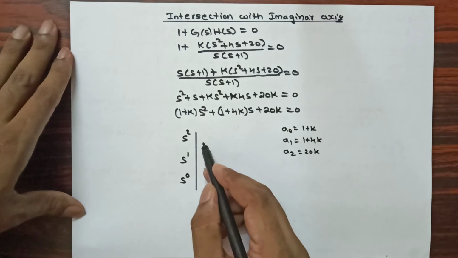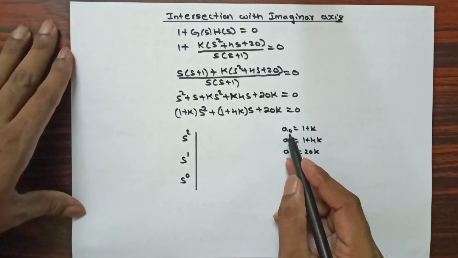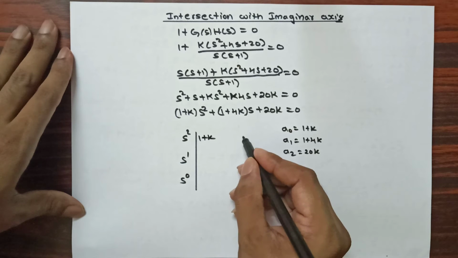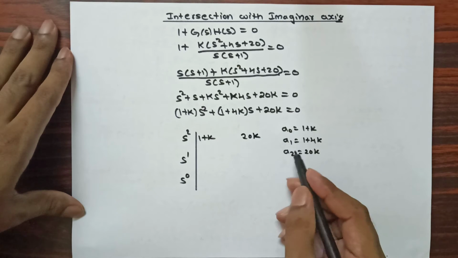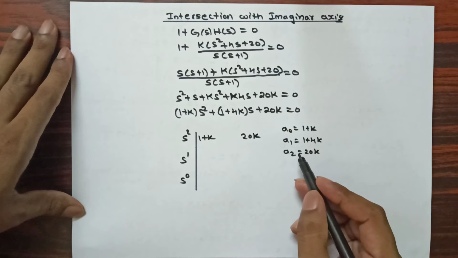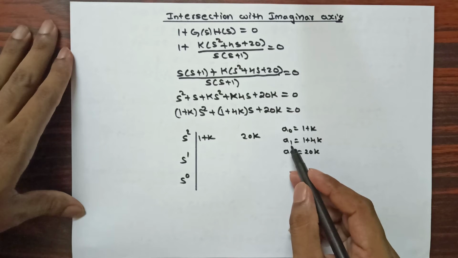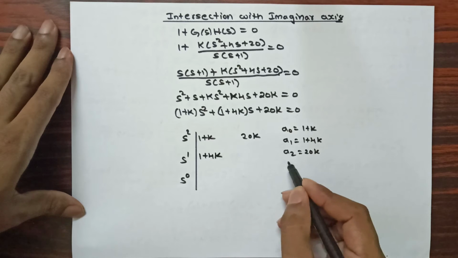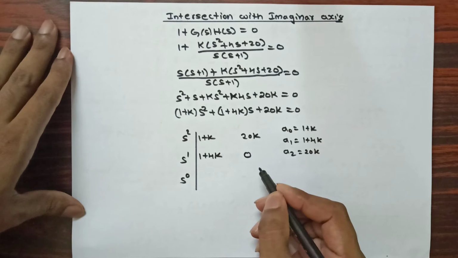In the first row we consider the even coefficients, that is a0 and a2: a0 value is 1 plus k and a2 value is 20k. In the second row we consider the odd coefficient, that is a1, which is 1 plus 4k, and I am not having a3, therefore here we will consider 0.